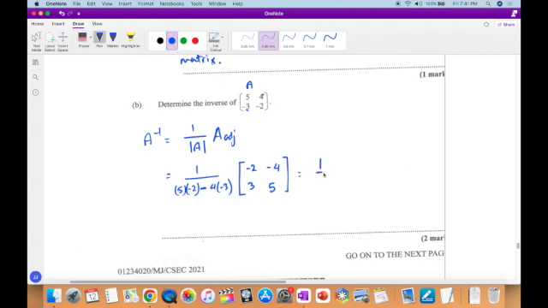So that works out to be a half into negative 2, negative 4, 3, and 5. And honestly, you can leave it like this. You don't have to multiply out the half. But if you do multiply it out, you will get negative 1, negative 2. You'll get 3 on 2 here, and you'll get 5 on 2 here. Usually leaving it like this is fine.